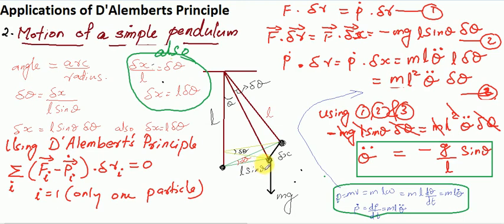So, delta x can be treated as the arc here, and L sin theta as the radius, delta theta is the angle. Therefore, delta theta equal to delta x divided by L sin theta. So, delta x equal to L sin theta delta theta. Here delta x can be considered as the virtual displacement.